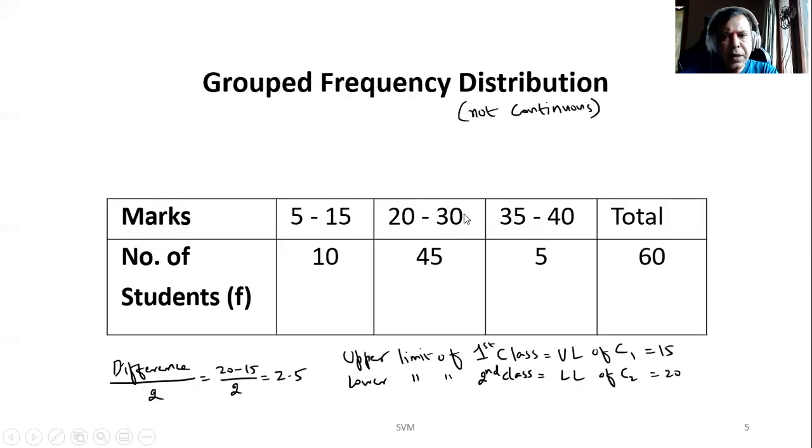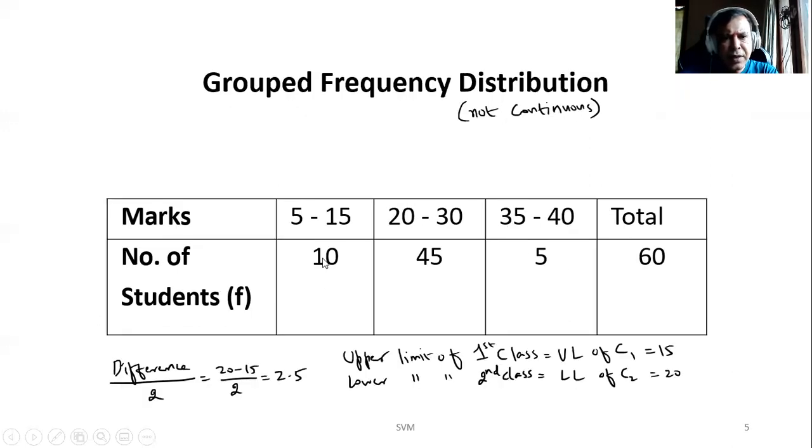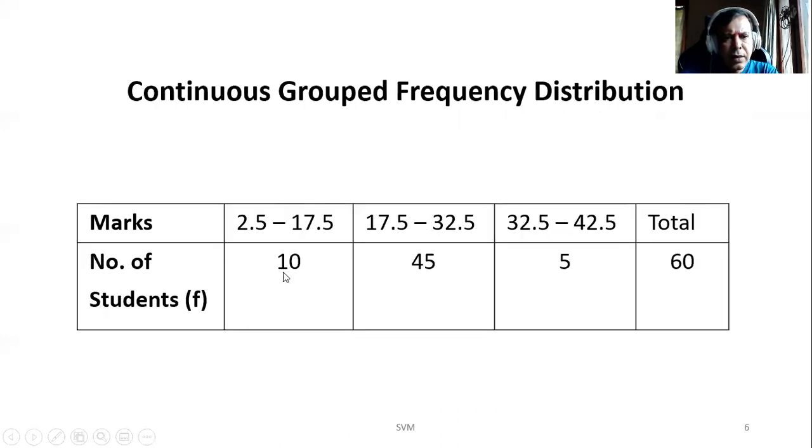Same way, here I will subtract 2.5, it will become 32.5, and this will become 42.5. The count is considered the same, because for 5 to 15, if it is 10, there is nothing in between and nothing before that available. So that count will be 10 only, this count will be 45 only, and this count will be 5 only. This is called a continuous grouped frequency distribution.